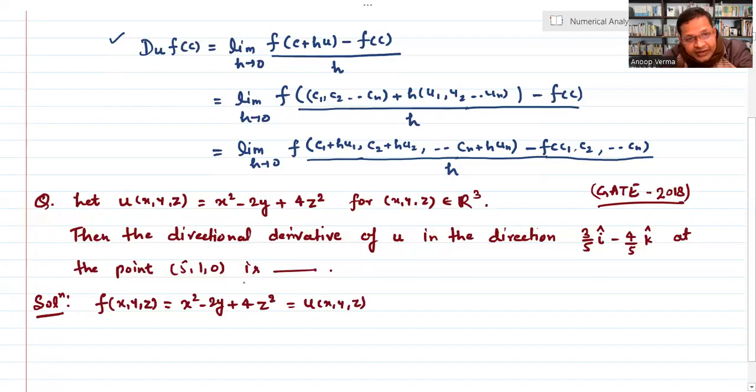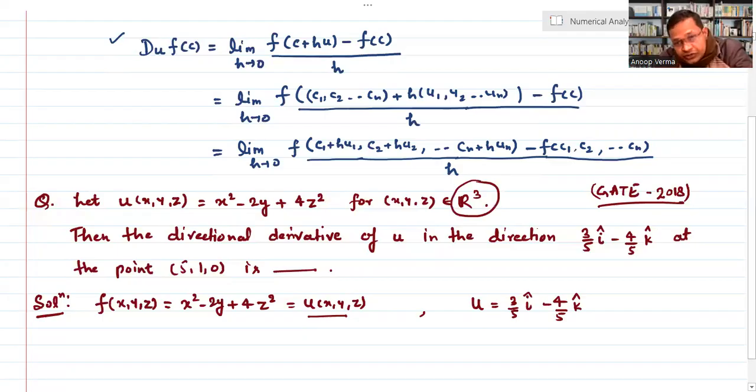I will use u here for the direction. Because we are working with three variables, u is written as (3/5, 0, minus 4/5), that is u1, u2, and u3.